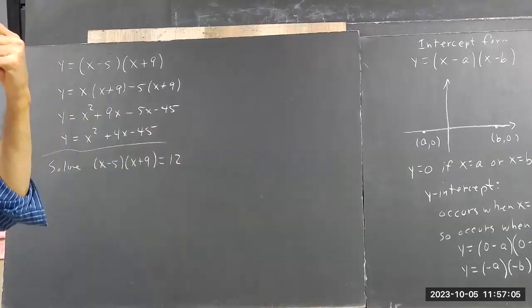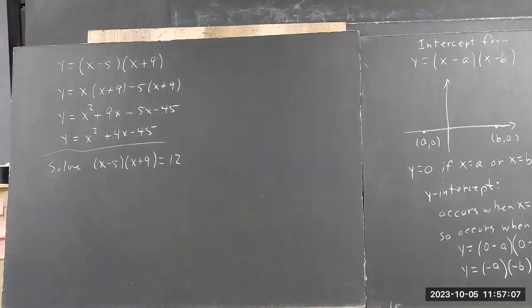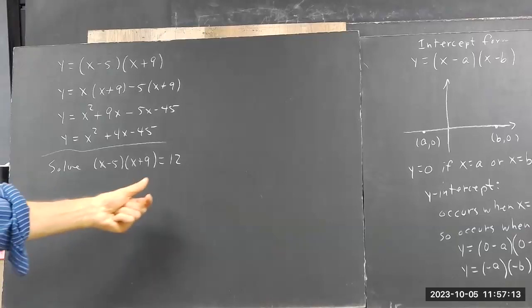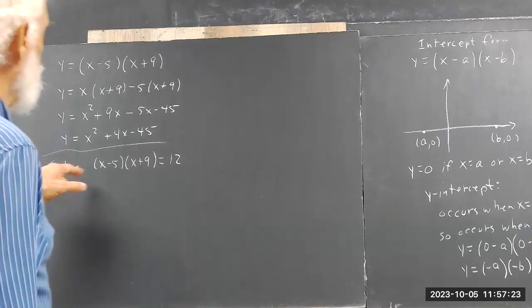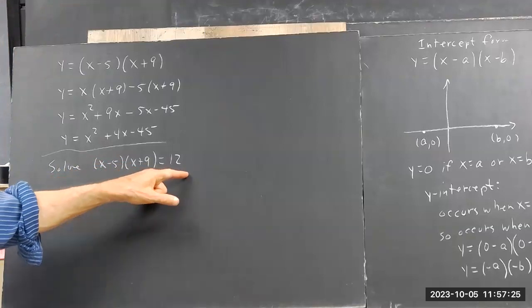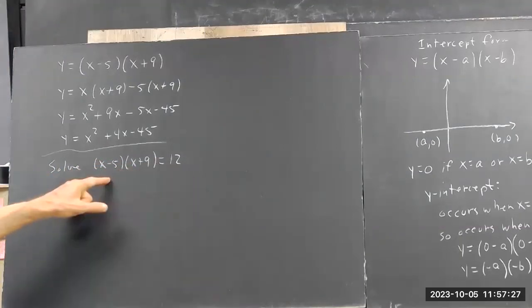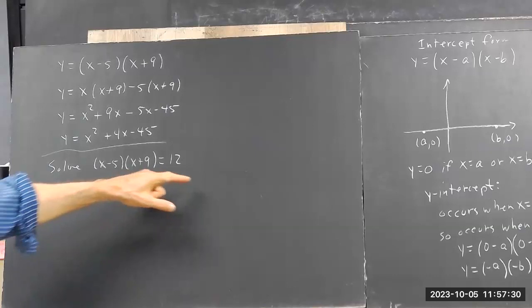Okay, so now let's say we wanted to solve x minus 5 times x plus 9 equals 12. What would you do in order to solve that? Now, if it's x minus 5 times x plus 9 equals 0, you could solve it. X would be either 5 or negative 9, and that would give you 0.